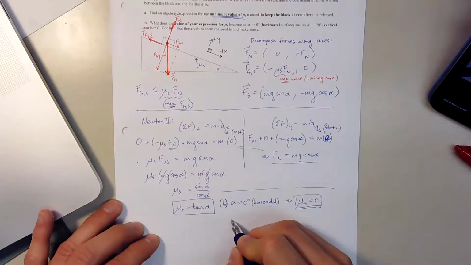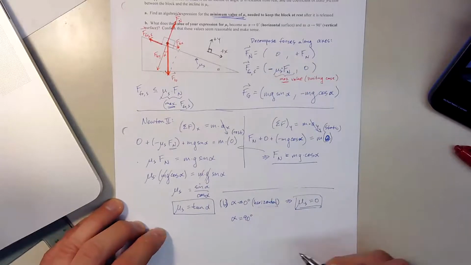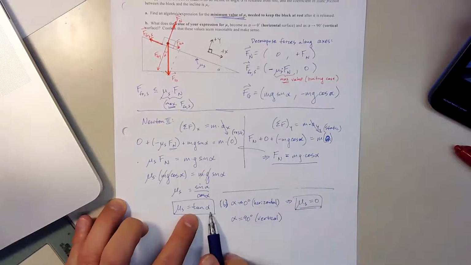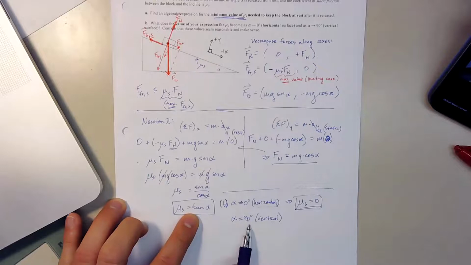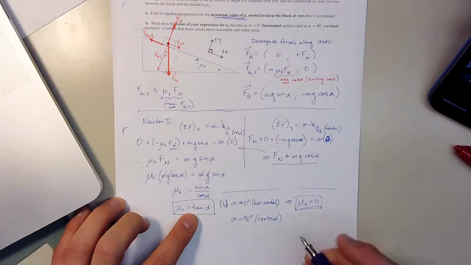And for a vertical surface, like a wall, okay, so for a vertical wall, how much grip do you need? Well, tangent of 90 degrees is infinity. If we approach from the 89 degree side, then it's positive infinity.